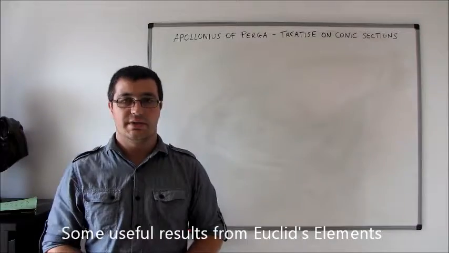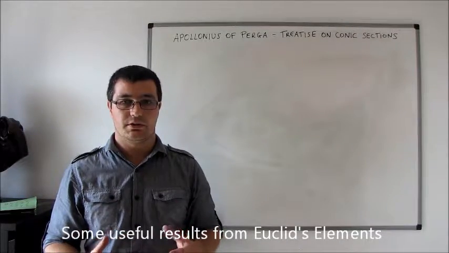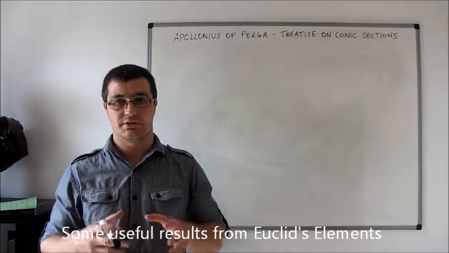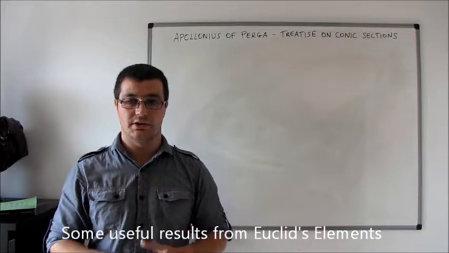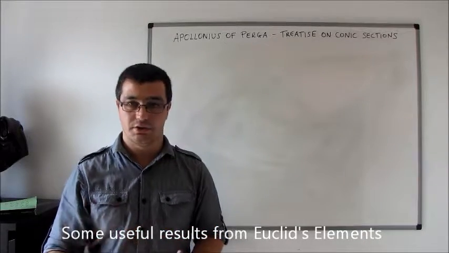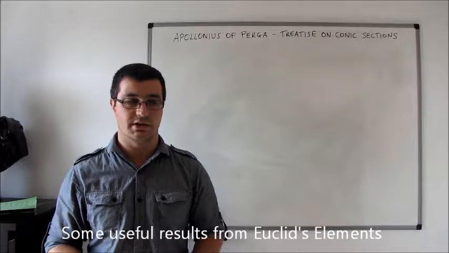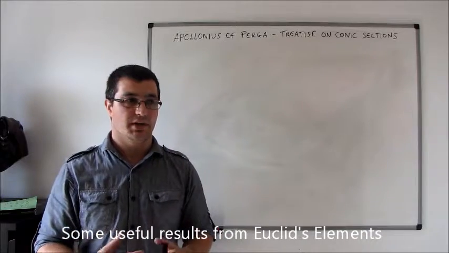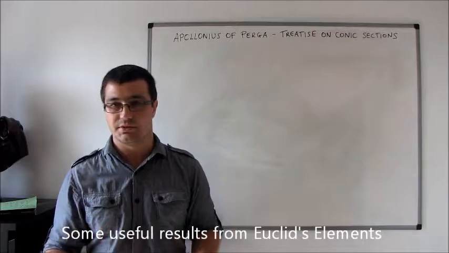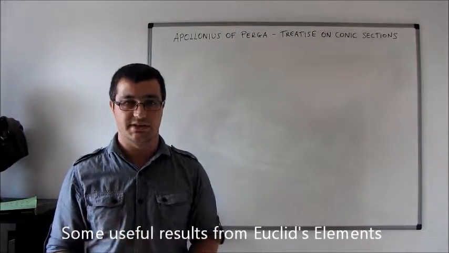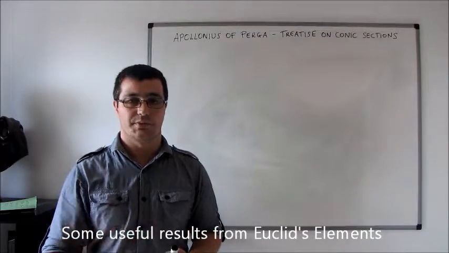So I just want to talk a little bit now about the relationship of Apollonius's work to Euclid's work. So Apollonius presupposes Euclid's work. So even though Apollonius doesn't have a series of postulates and common notions like Euclid did, they are presupposed.